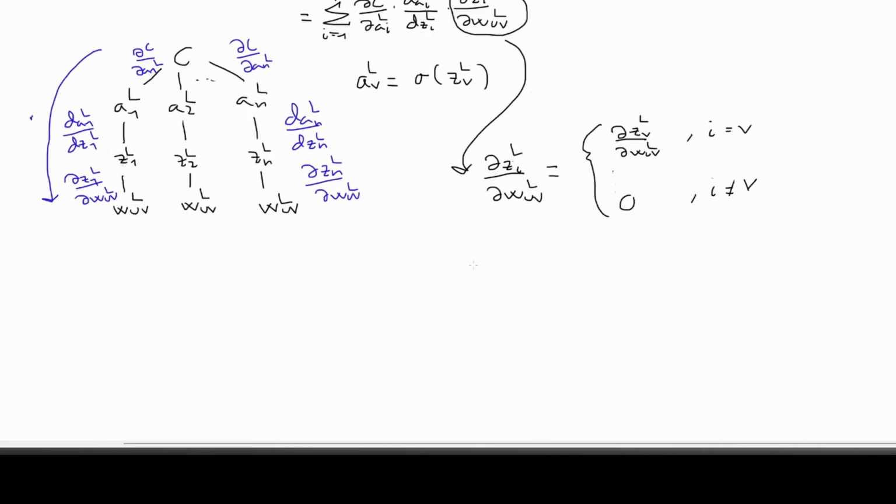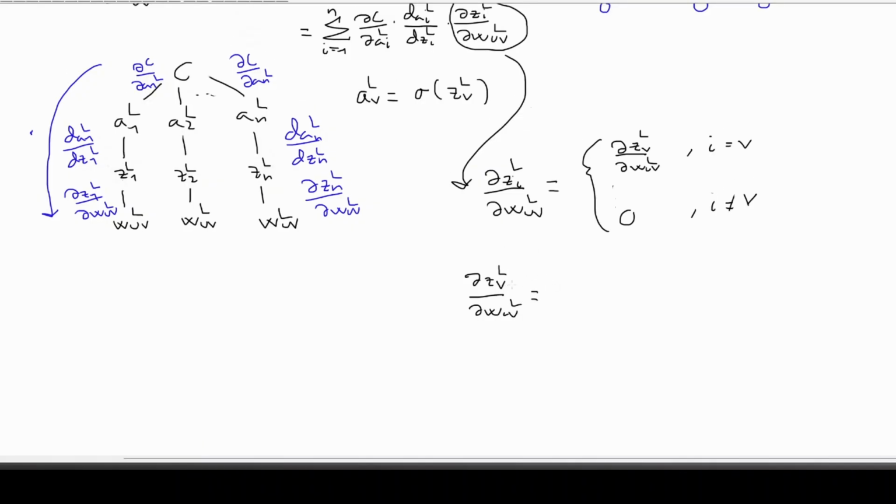We have the partial derivative of the weighted input at neuron v with respect to our weight. If you recall, when we examined the individual neurons, we saw that the weighted input at a given neuron v was equal to the sum of weights.